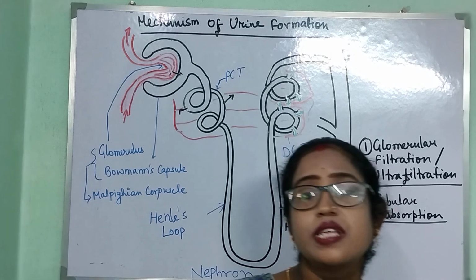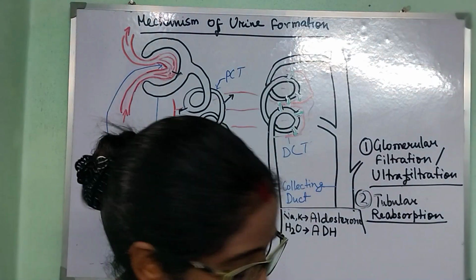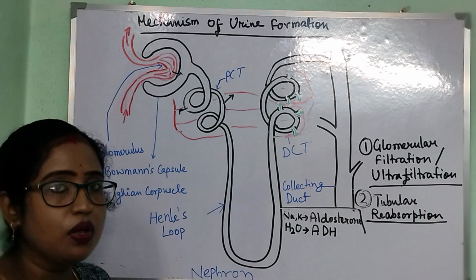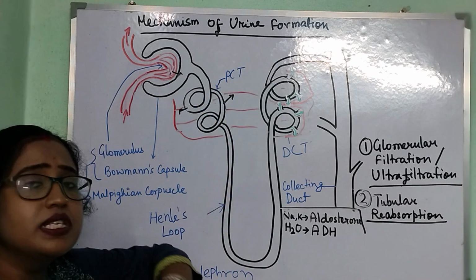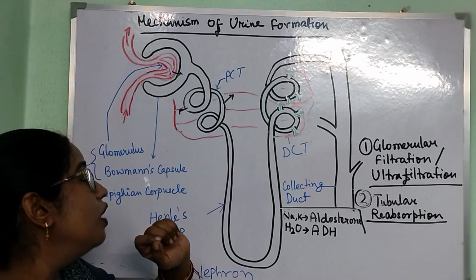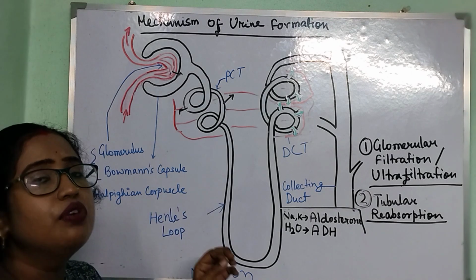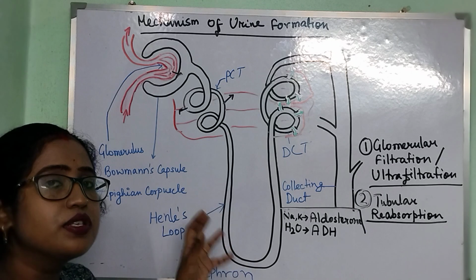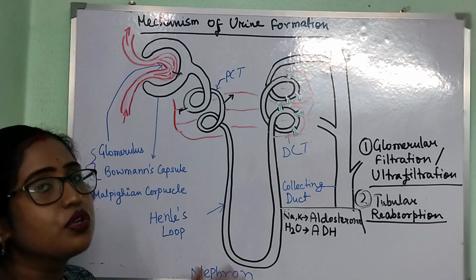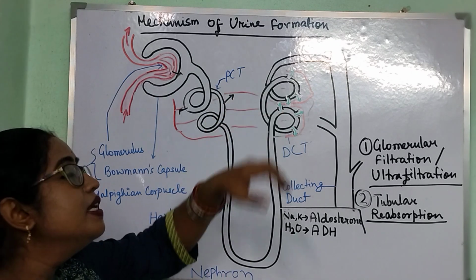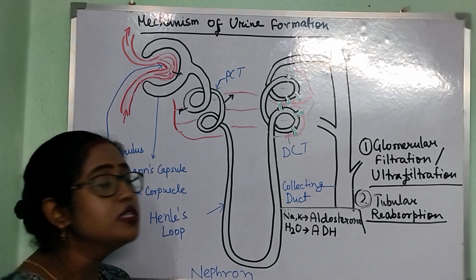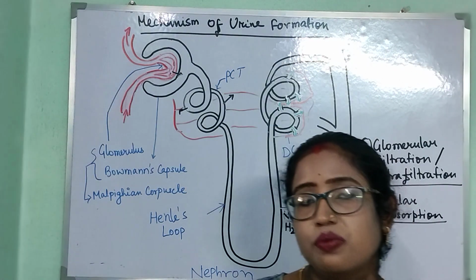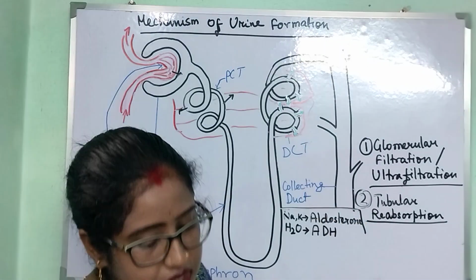This process is known as tubular reabsorption. Selective reabsorption occurs in the PCT, because in the PCT some amount of water and some amount of glucose, amino acids and salts are reabsorbed. But the major portion of water and sodium potassium reabsorption occurs via the DCT portion.